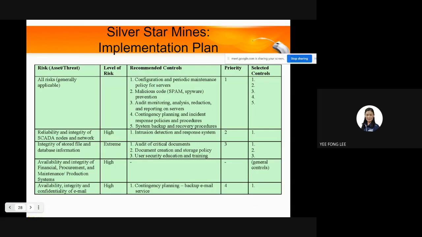This table must be extended to include the details. It lacks details of resources, so it needs to be extended to include the responsible personnel, the time frame, and also another column for other comments.